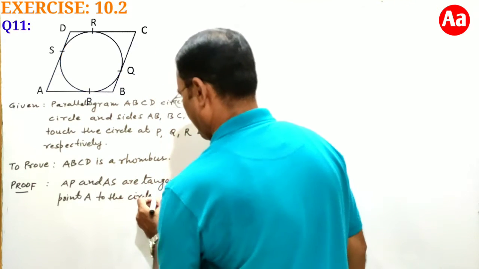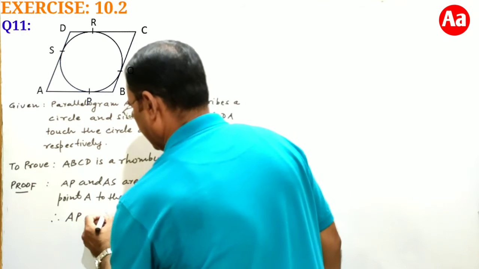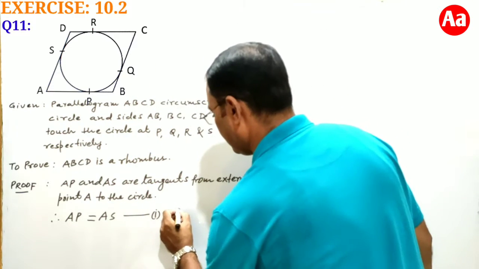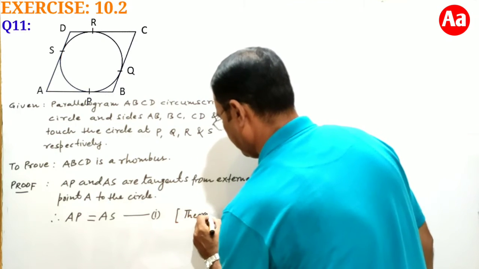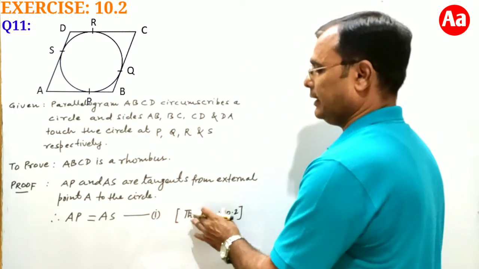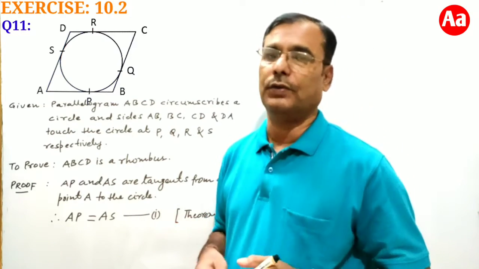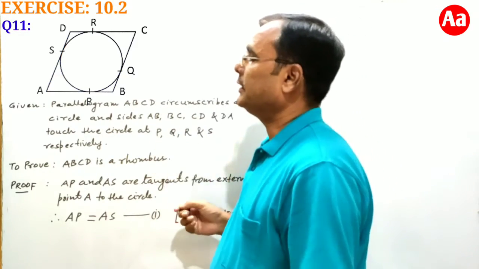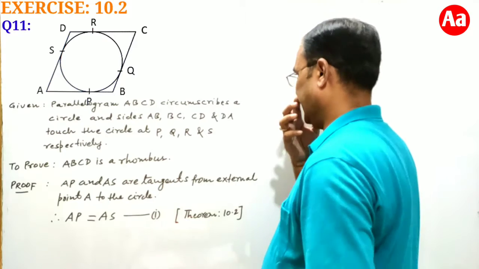Therefore, AP is equal to AS. Let it be number 1. Reason is theorem 10.2. You can also write that the lengths of tangents drawn from an external point to a circle are equal. So AP and AS are two tangents drawn from external point A to the circle, so their lengths will be equal. So AP is equal to AS.